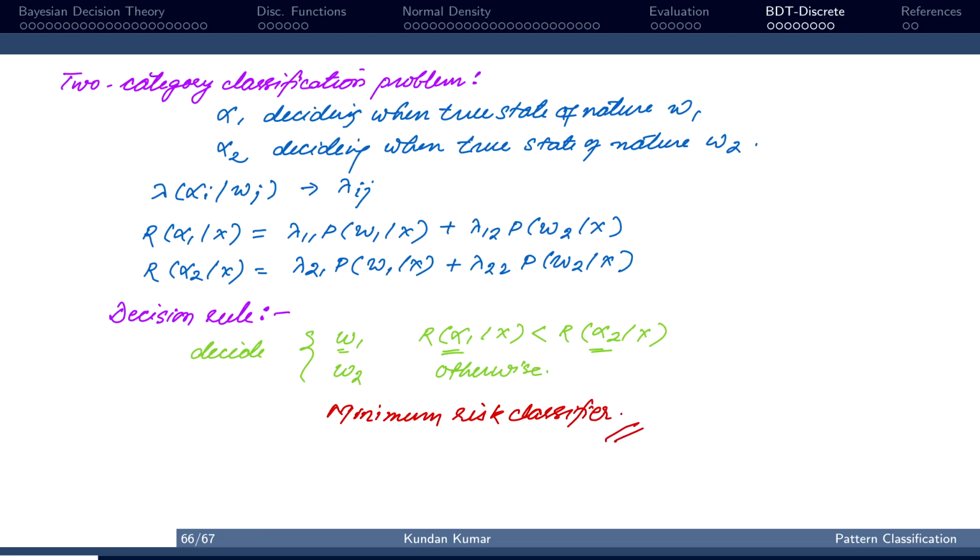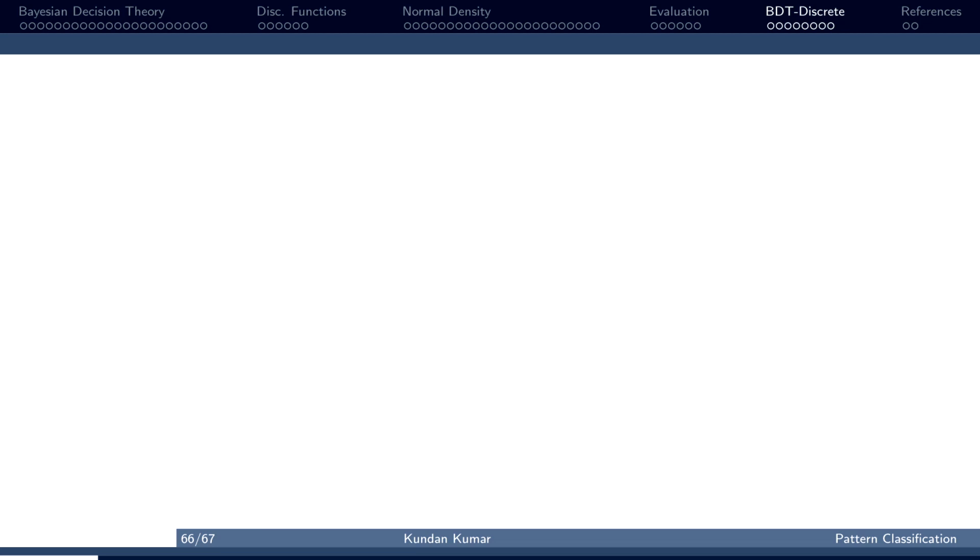Okay, now let us analyze this expression, which is the condition to decide the class omega 1. So here R alpha 1 given x is less than R alpha 2 given x, then we can put the value from the previous expression.